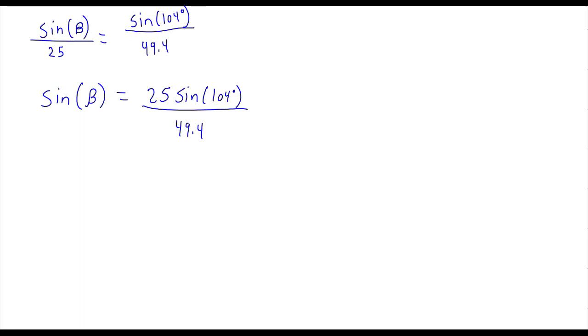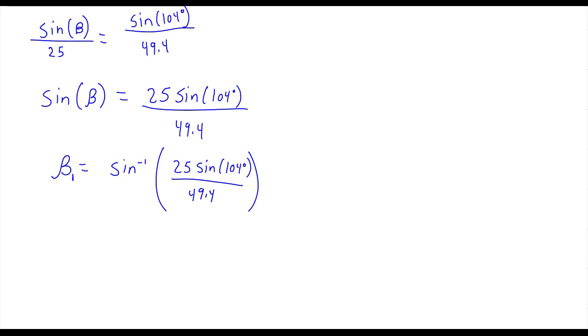And so beta itself, at least the first beta, remember there's potentially two, will equal inverse sine, or arcsine, of 25 times sine of 104 degrees over 49.4. That's what I need to type in my calculator.